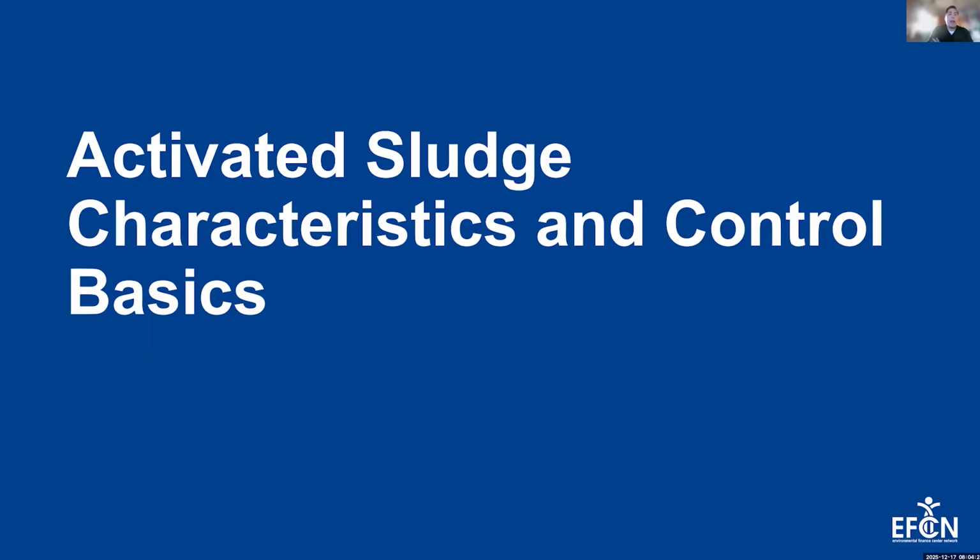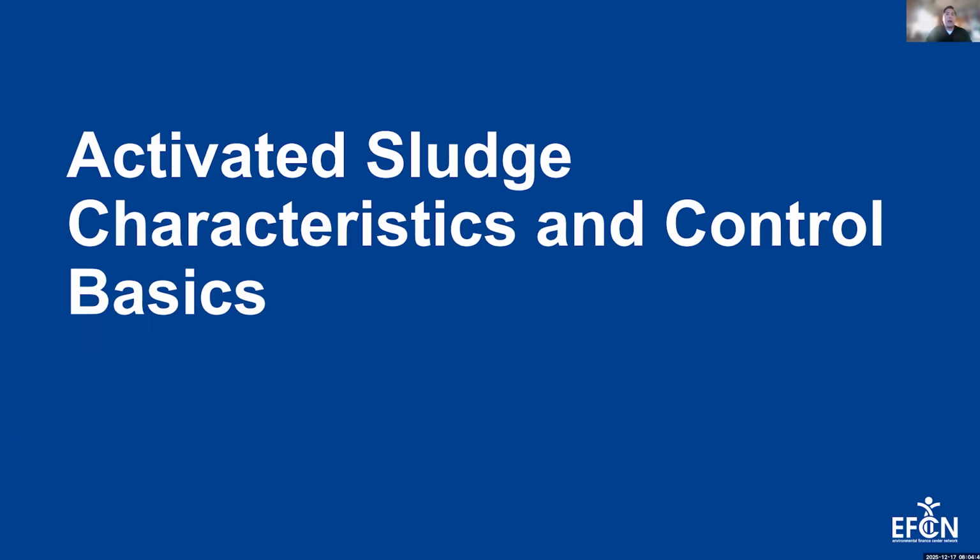We'll go more today into how to control the process, what to do with our different variables, and how to implement our findings, observations and calculations. That's where this training is going to really focus.